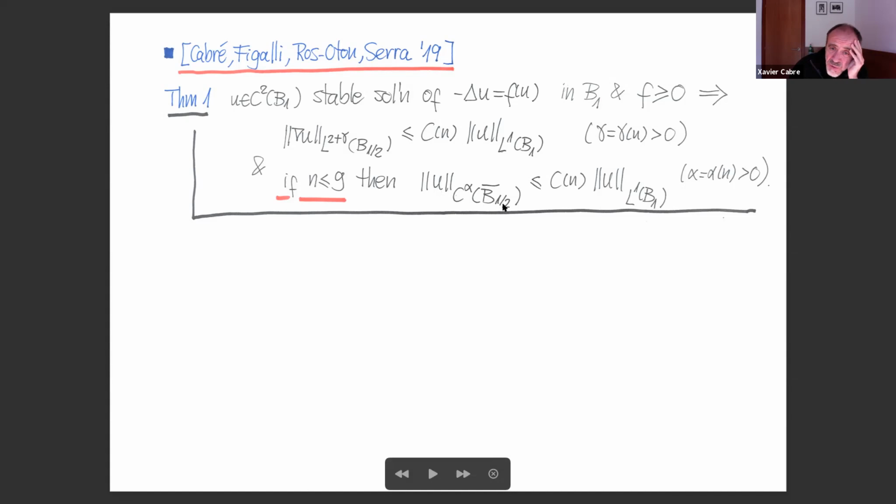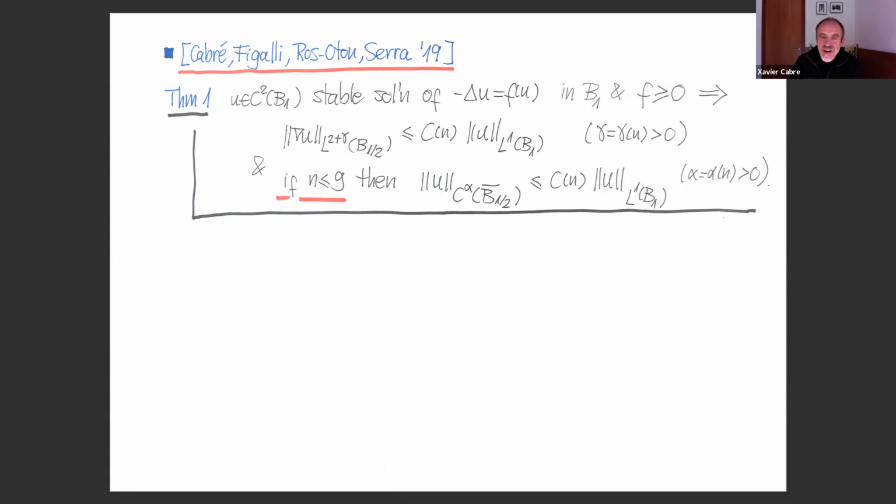So in B1 half. So I go to the interior, and the exponent alpha and the constant here are universal in the sense they only depend on the dimension n. And again, the estimate is beautiful in the sense that, first, on the right-hand side, there is only the L1 norm, a very weak norm of the solution. Second, the nonlinearity does not appear here. So if you see, these estimates look like Hilbert-Schmidt, look like linear theory.